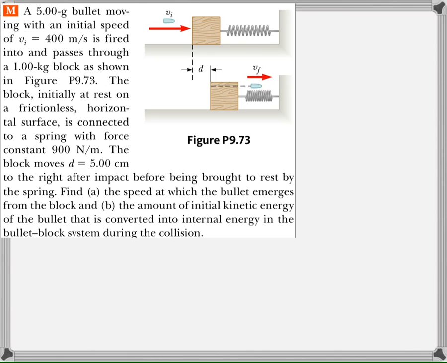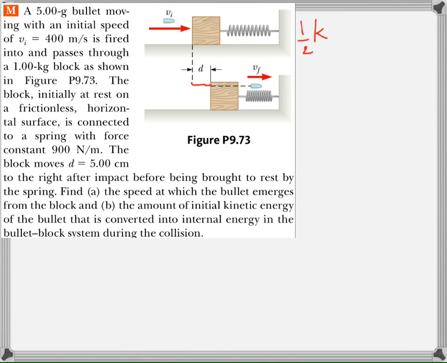And this is an energy problem, the conservation of energy. And I know that the energy stored in the spring is 1/2 kx squared, right? But here the amount of compression is given in terms of another letter d.